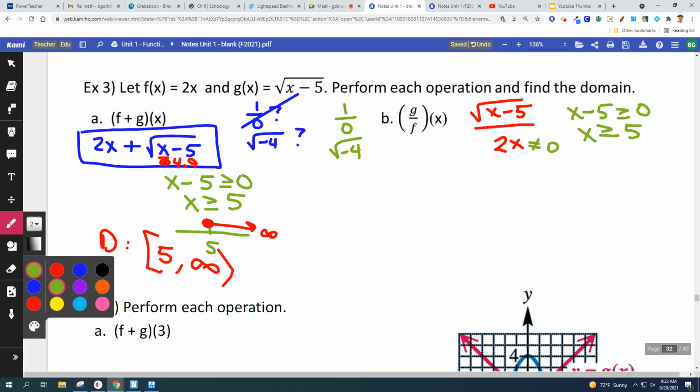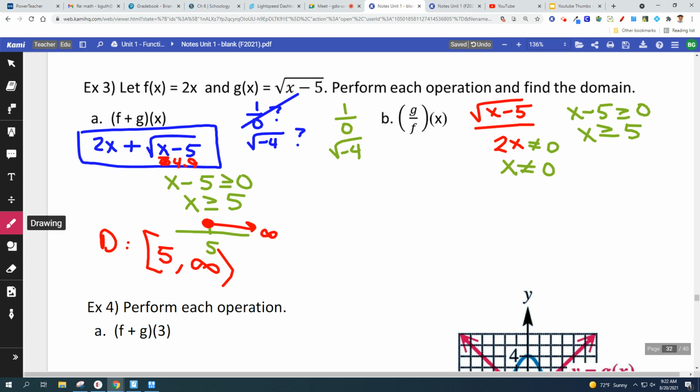And this thing on the bottom, divide by 2, you're going to get x. Well, x does not equal 0. And so, I don't really like this example, because if you've got 0 and you've got 5, and we have to be greater than or equal to 5, then who cares that we can't equal 0?